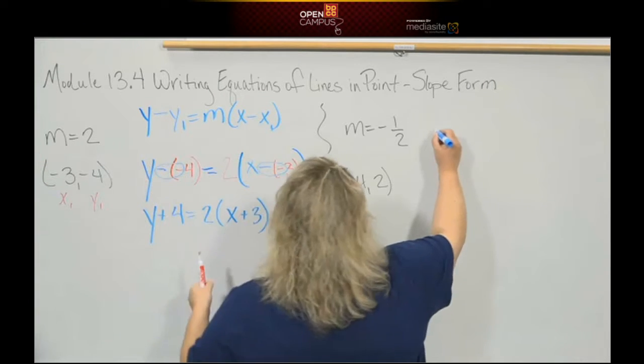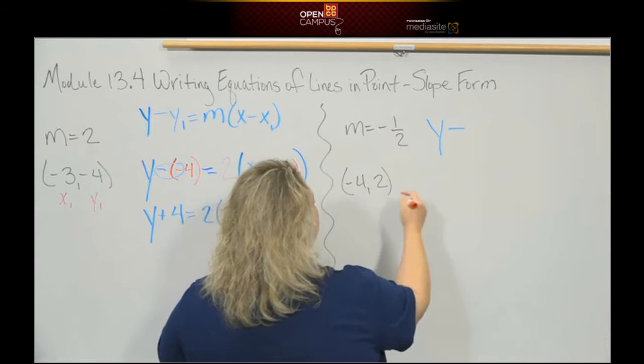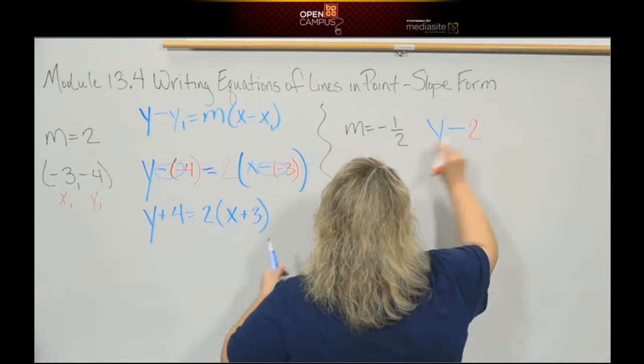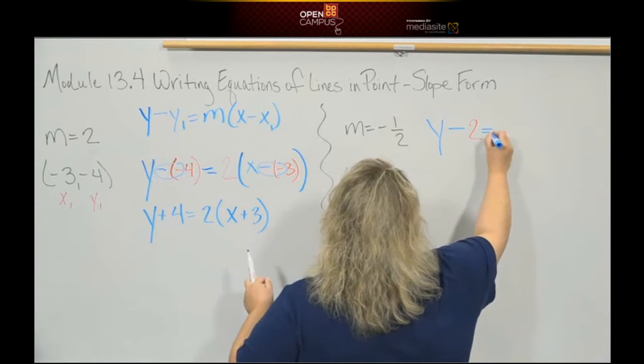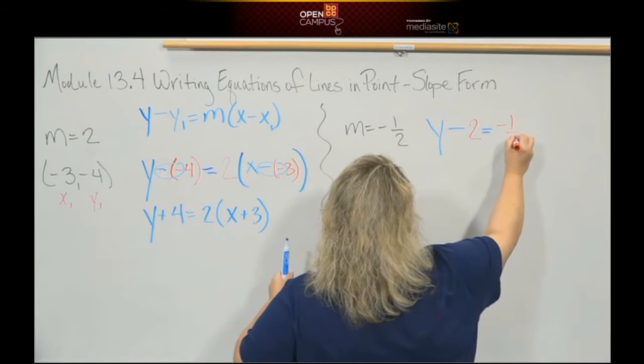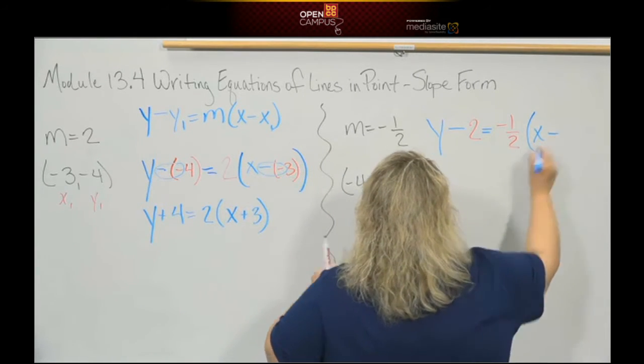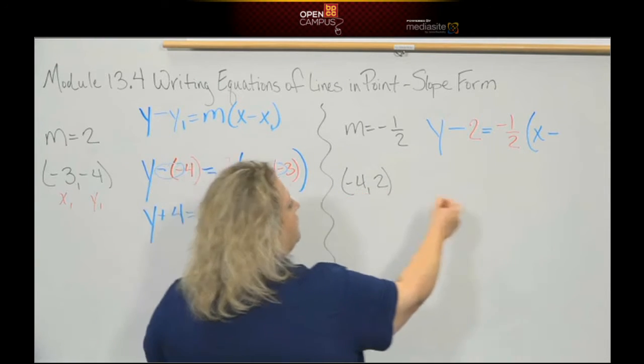All right, so this one, we're going to plug it right back into this again, okay? And I have y minus y1, y1 is 2, is equal to m is -1/2, times x minus x1. x1 is -4.